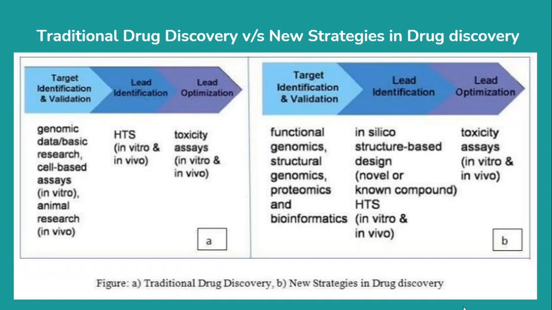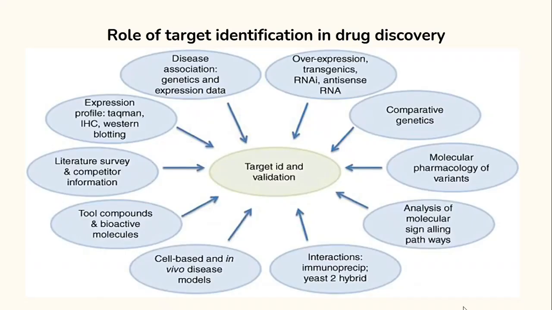The first stage in the drug discovery process is to understand the disease mechanism using cellular and genetic approaches in order to identify potential drug targets. Now let's see the role of target identification in drug discovery. Target identification and mechanism of action studies play an important role in small molecule discovery.